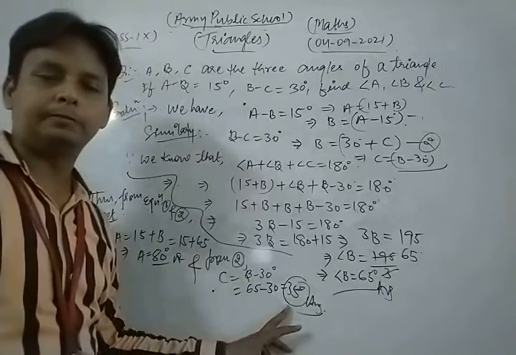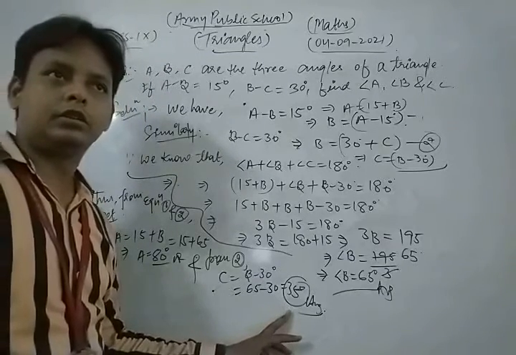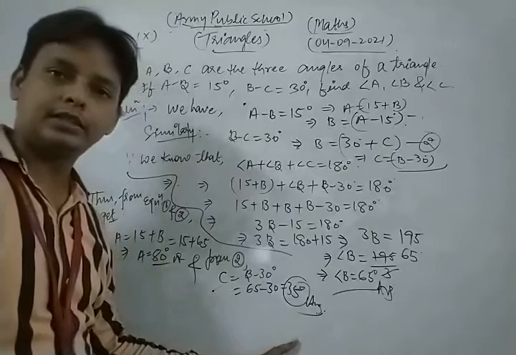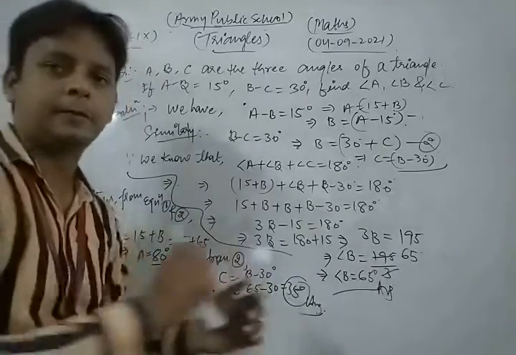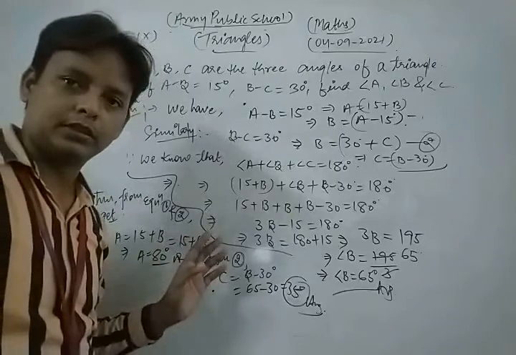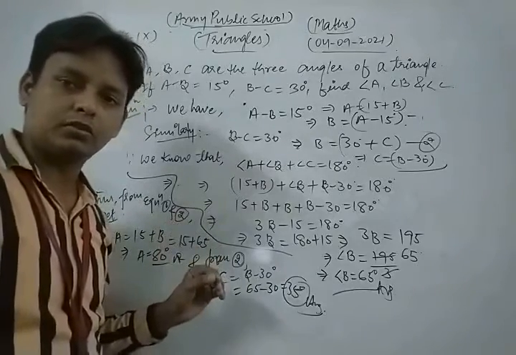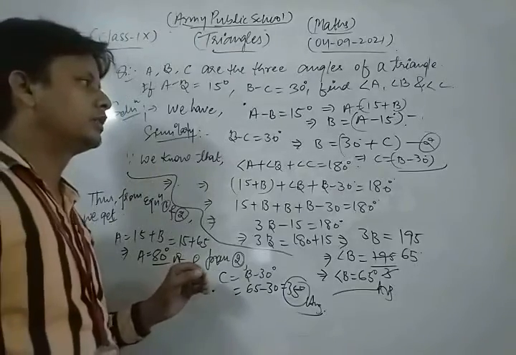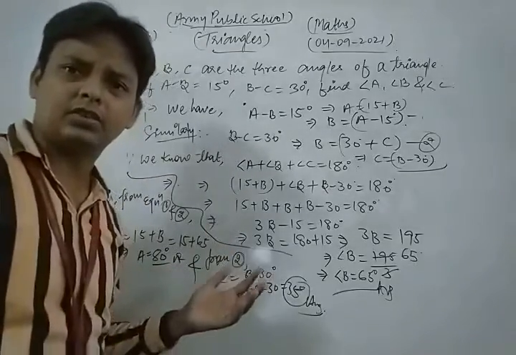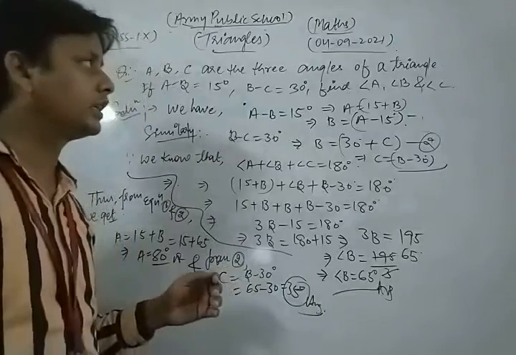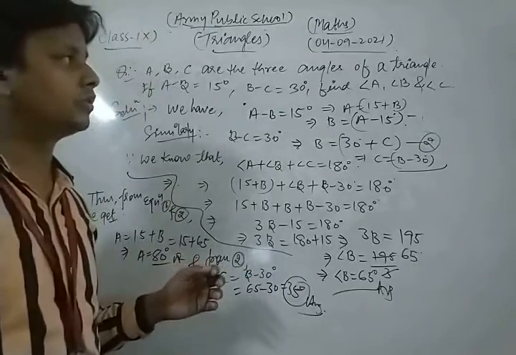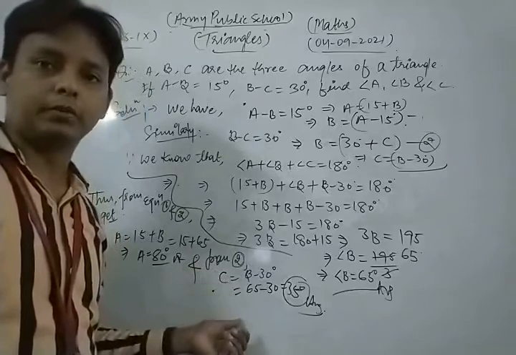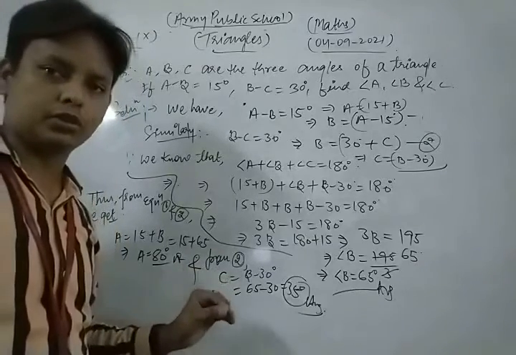So in this way, dear students, you can solve each and every question of your NCERT exercise based on these topics. This is one of the most important questions of your syllabus. So please, dear students, do more and more practice of that type of questions.